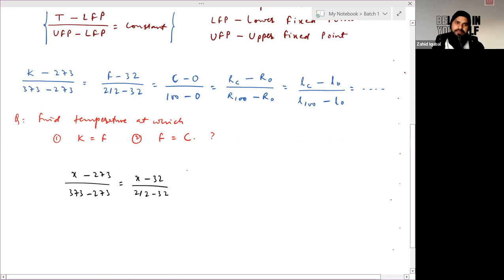You'll get the X on solving. Similarly for the second part, put the value of F to be Y divided by 212 minus 32, and also for C, take it as Y and simplify it. Just try to solve. I'm just coming in 1 minute.